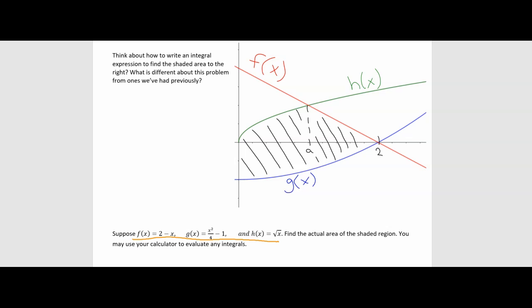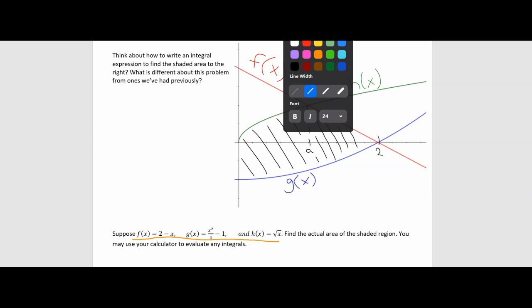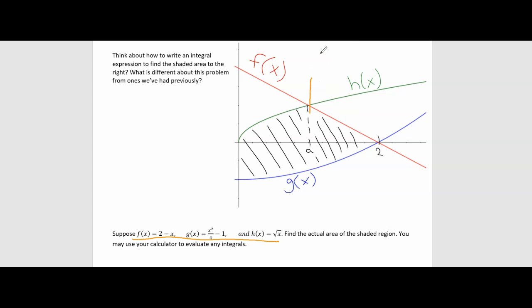Okay, so I think it's clear that we should split this area up into two separate areas. So we're going to be looking at the orange shaded area, and then we're going to be looking at the pink shaded area.